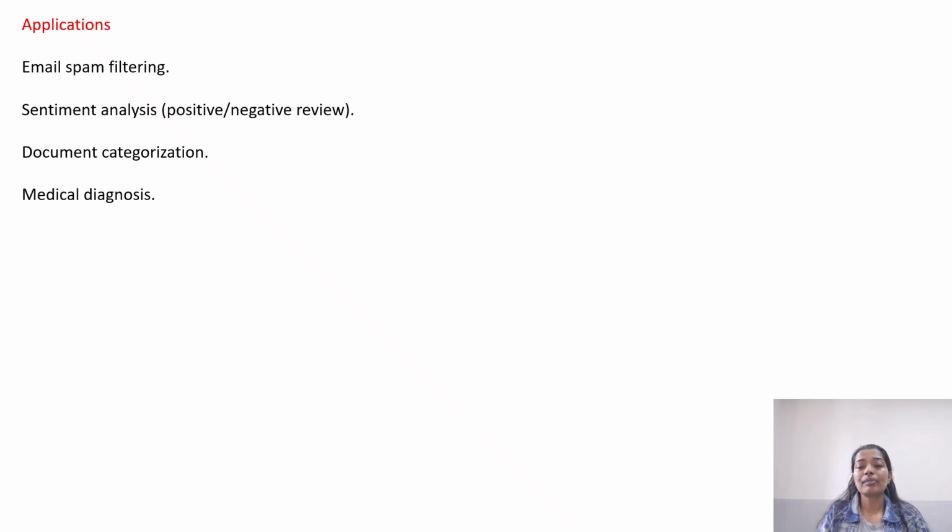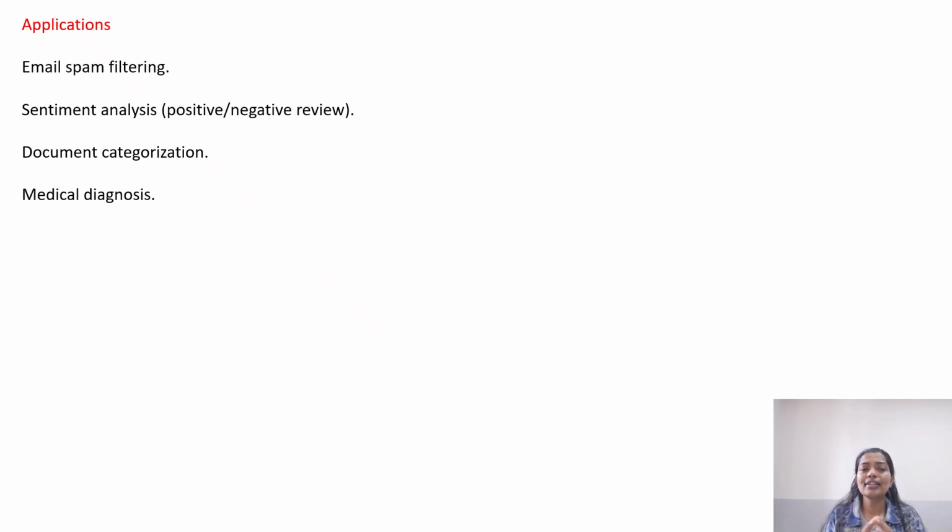A mail can be either spam or not spam, so only two categories. We simply need to find the probability of each one of them. Let us say out of 160, they were not spam, and only 40 of them were spam. So the probability of not spam mails will be greater, so the new mail will not be spam.